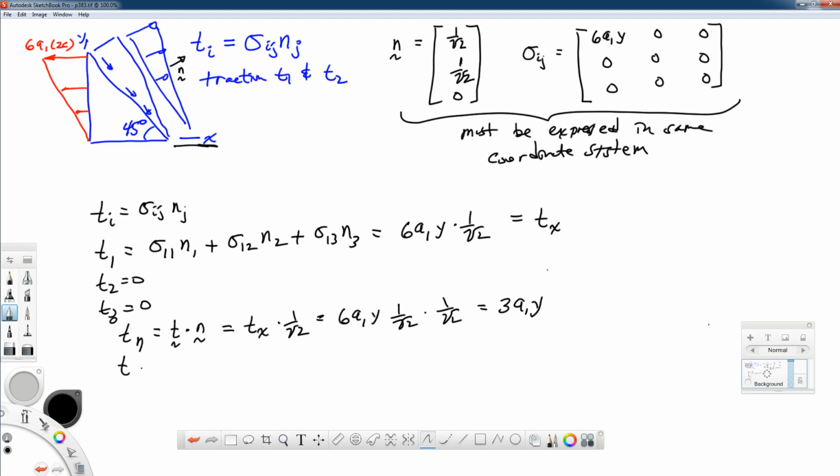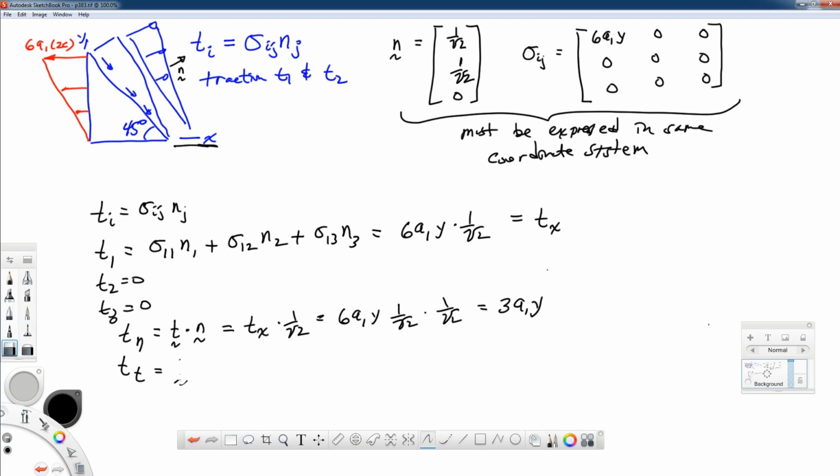If I want the traction component tangent to the inclined plane, I can go through a similar process, and in this particular case, since it's in 2 dimensions, we can complete the Pythagorean theorem. It's probably the best way to say that.